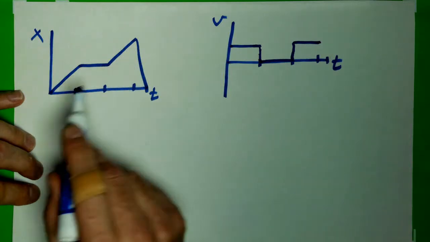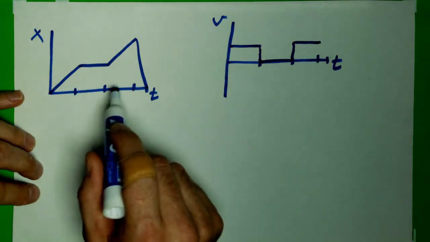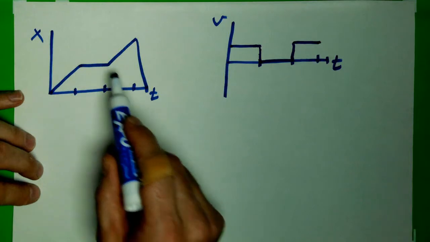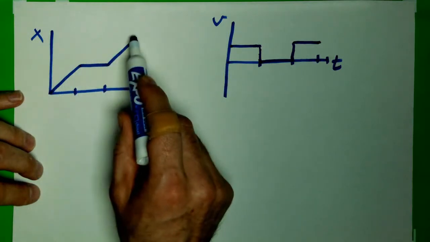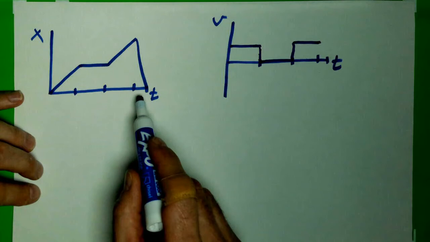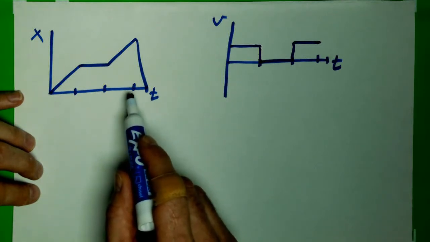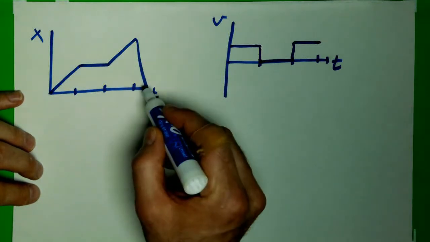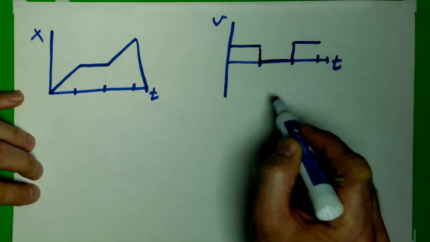Now we get to this last slope. Over a small time interval, about half the time interval, it drops twice as far. So this went up some amount, went up about the same amount, but now it drops both those amounts, or the total amount, in half the time. So we have a fall. That means we're going to be in a negative value of velocity.